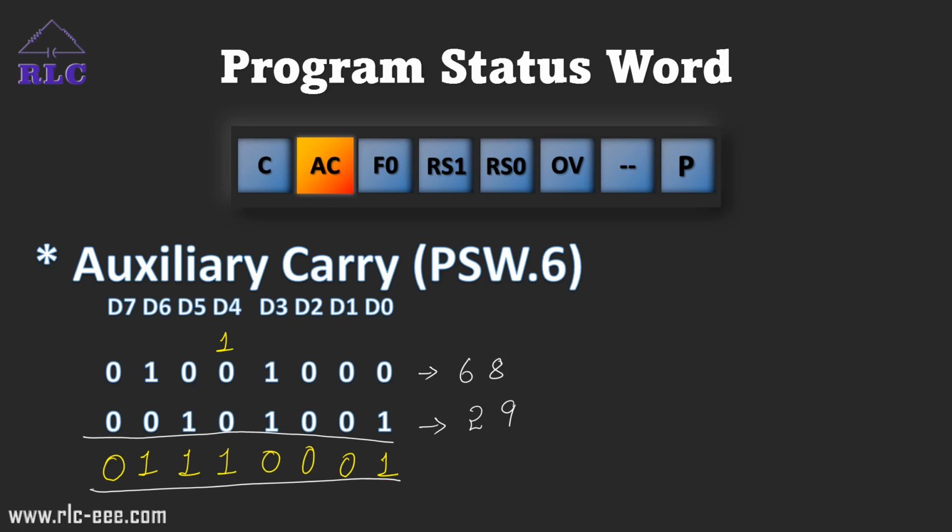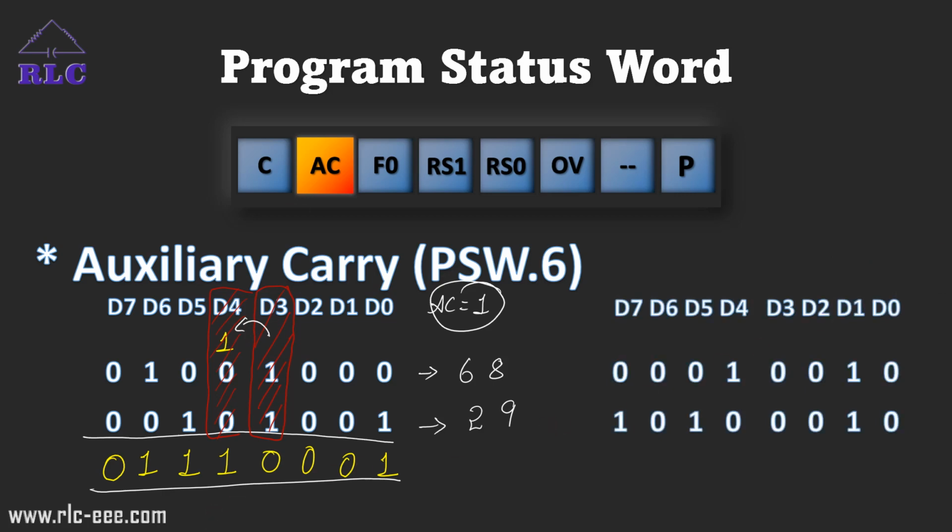Now we can observe over here the carry is being generated from the D3 bit to the D4 bit. Then the auxiliary carry flag will be set to 1. That means whenever from D3 bit to D4 bit the carry is being generated, then the auxiliary carry flag will be set to 1.